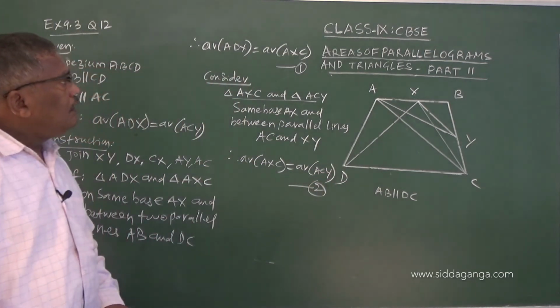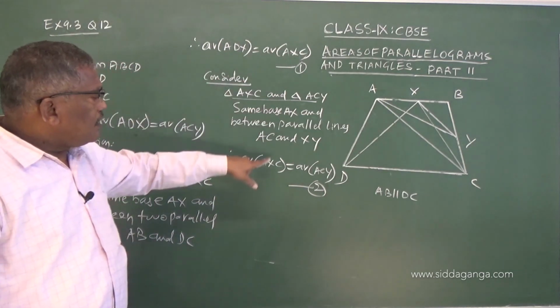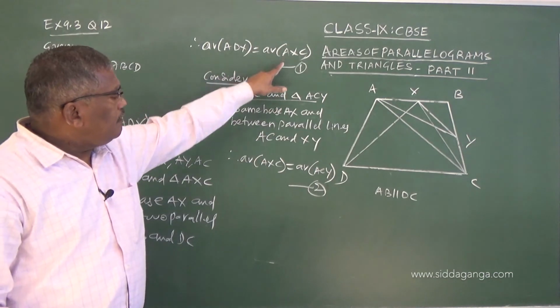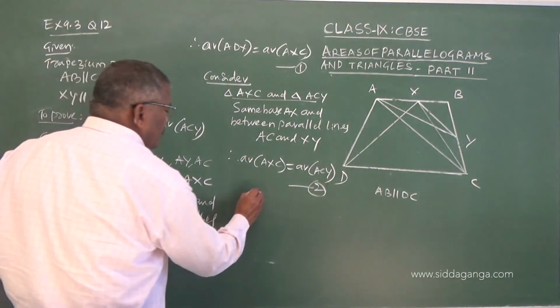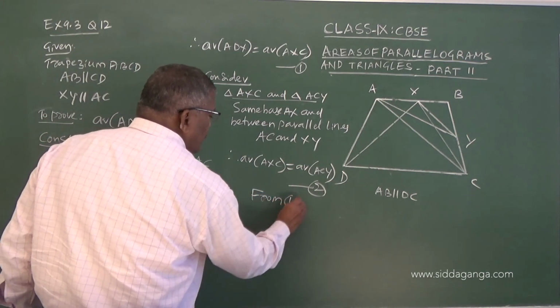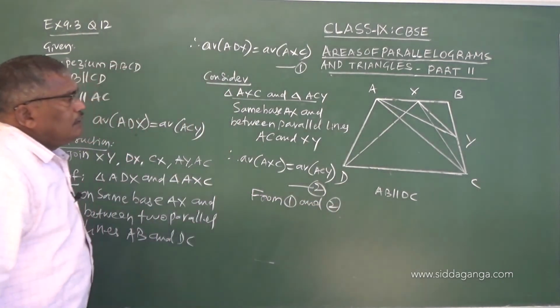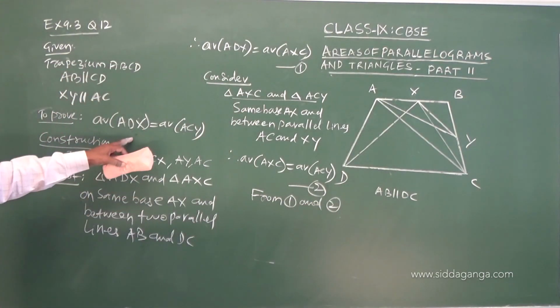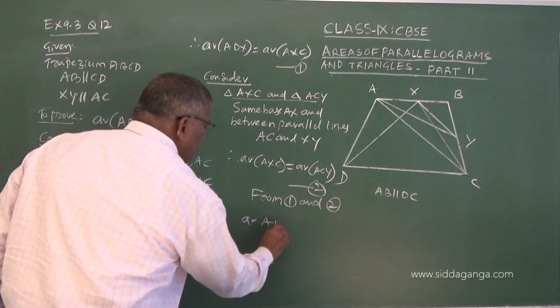Now observe, in the first equation ADX equals AXC, in the second equation AXC equals ACY. So therefore from 1 and 2 we will get this result: area ADX equals area ACY.